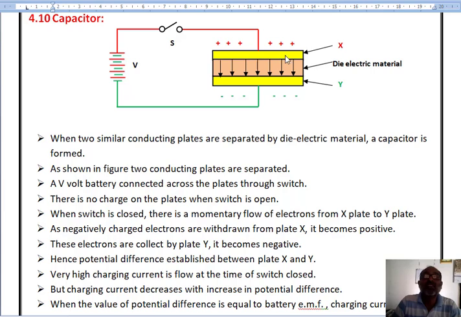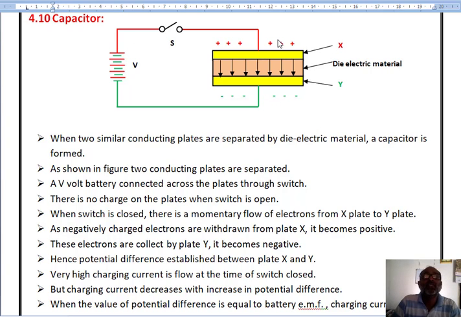Now, as charge is established on these plates, a potential difference is established between the X and Y plates. That means the potential difference is nothing but an EMF. So there are two EMFs: one EMF provided by the battery V, and another due to the stored charge, the potential difference established across the X and Y plates.